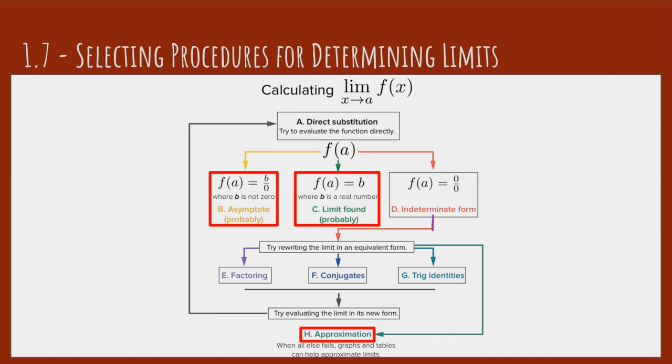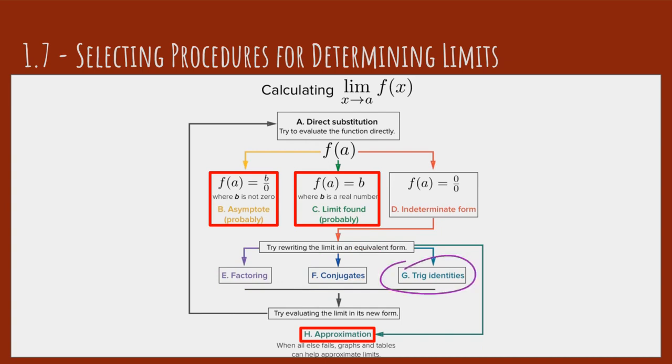So we follow our flowchart here, and we've got a few different options depending on what the function looks like. If we've got a rational function, which is a polynomial divided by a polynomial, we might do some factoring and canceling. If we have an expression that has a square root in it, particularly two terms where one of the terms is a square root in either the numerator or denominator, rationalizing with conjugates is going to be a good option.